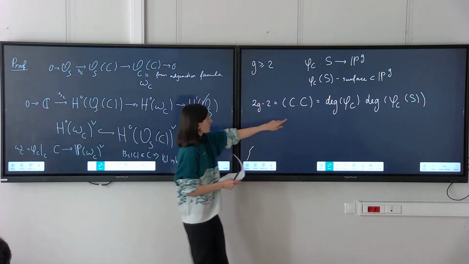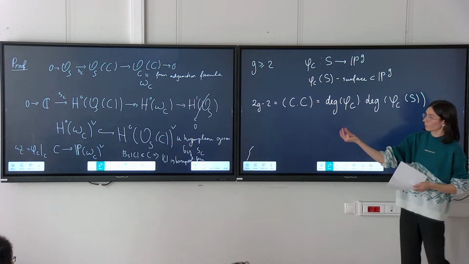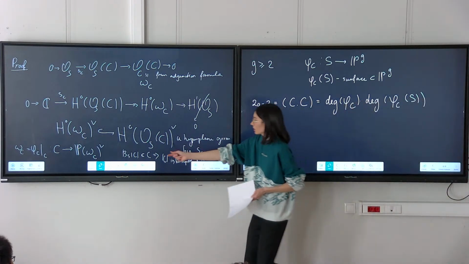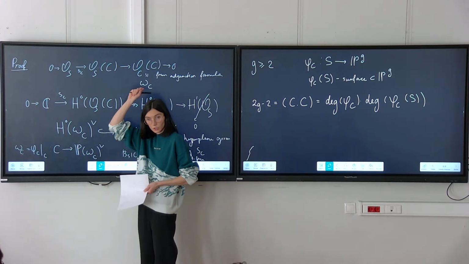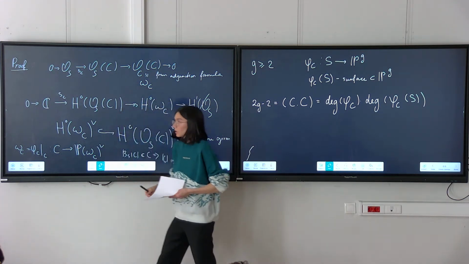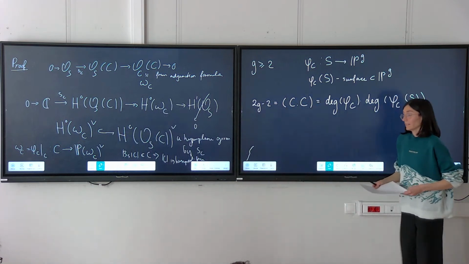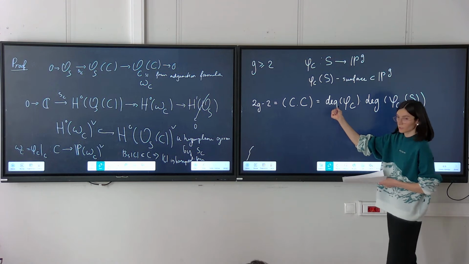For an elliptic curve, we have a map to a point, but for genus greater or equal to 2, this is a map to a surface. So do I need to explain this thing?